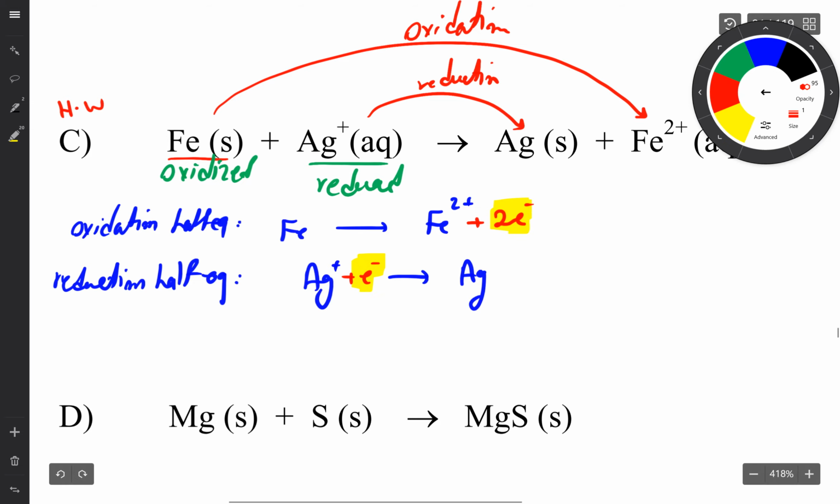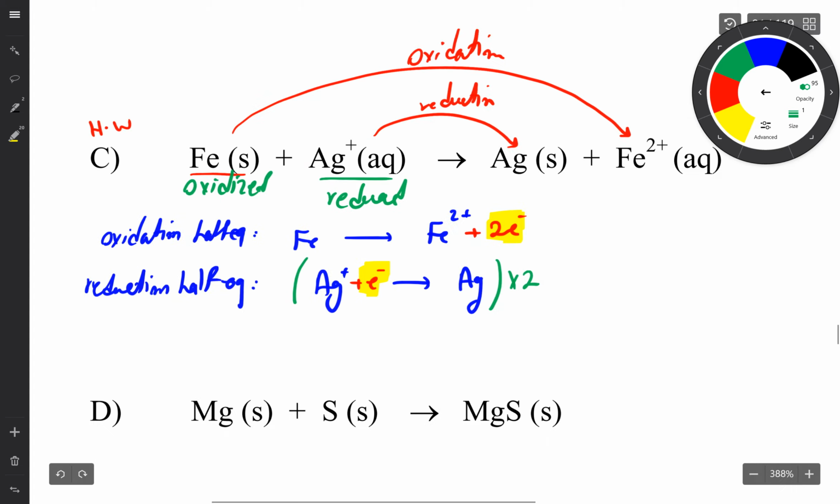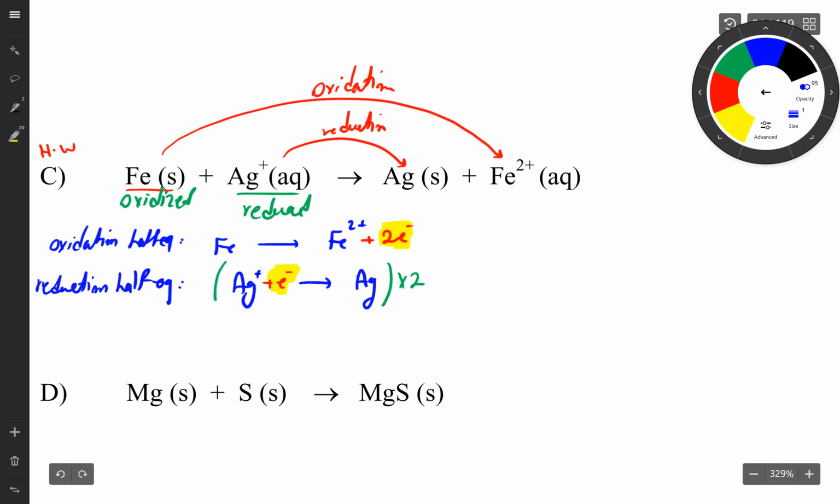So in this case, we have to multiply one or both of them by appropriate coefficients to make the number of electrons equal. If I multiply this one by 2, I will have two electrons, the same as the oxidation half equation. So I rewrite these half equations here. The oxidation half equation, I write as it was, Fe gives Fe2+ plus 2 electrons.